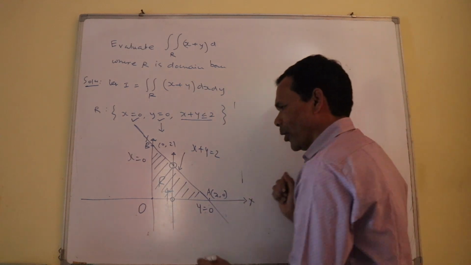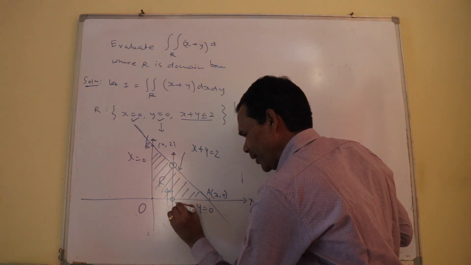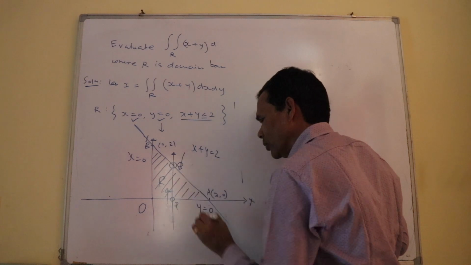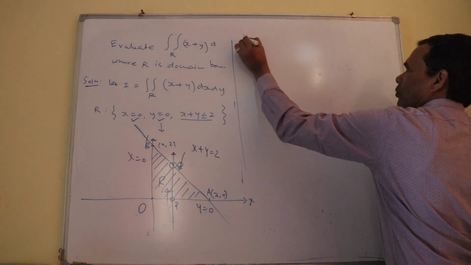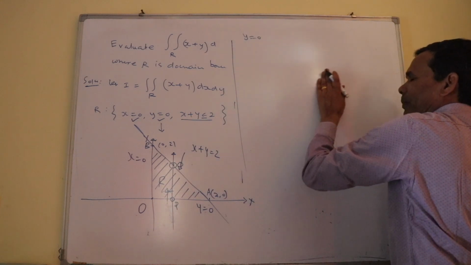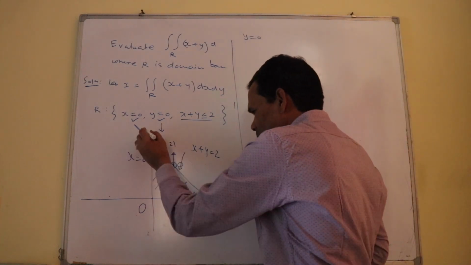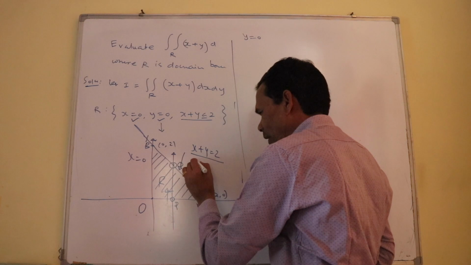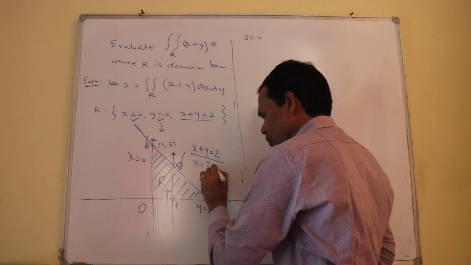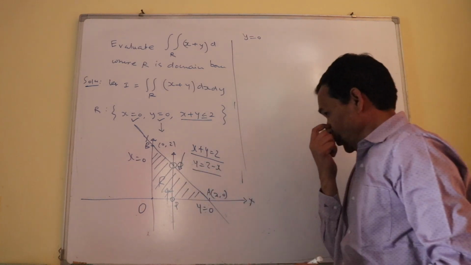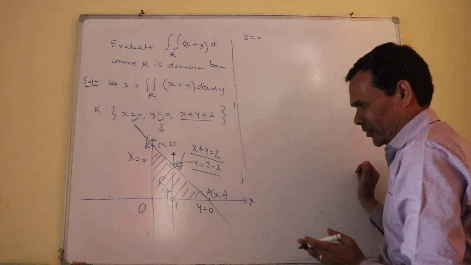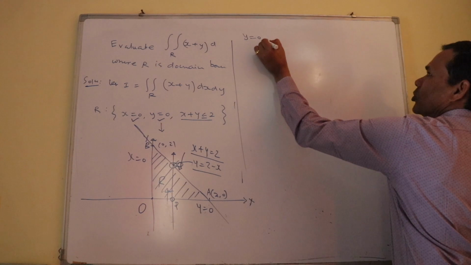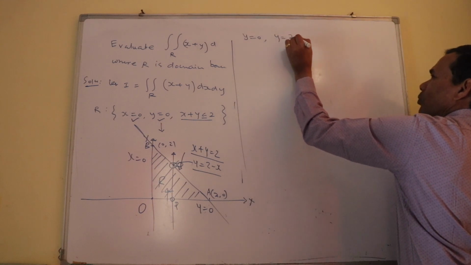So at this particular point, this point is P, this point is Q. At P, y is equal to 0, and at Q, it is the boundary of this straight line, means y varies according to x. So 2 minus x at this particular point, because y depends on x. So y as a function of x, y is equal to 2 minus x.